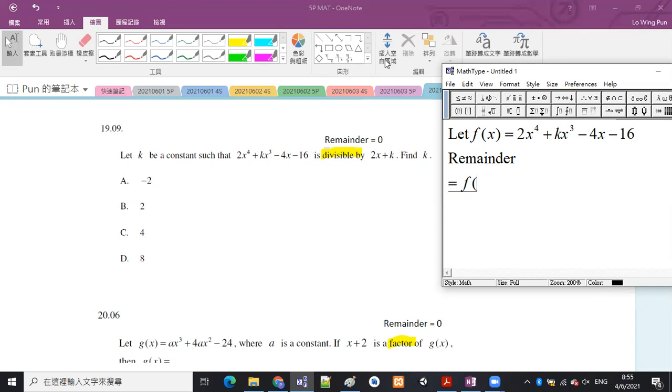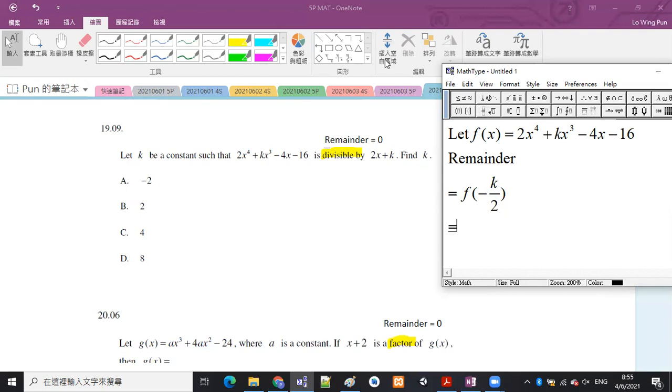Using the same idea. In a draft paper, you put this to be 0 and then calculate the answer of x. Negative k over 2. Can you get this? Okay, so I need to put negative k over 2 into the bracket in order to calculate the remainder.